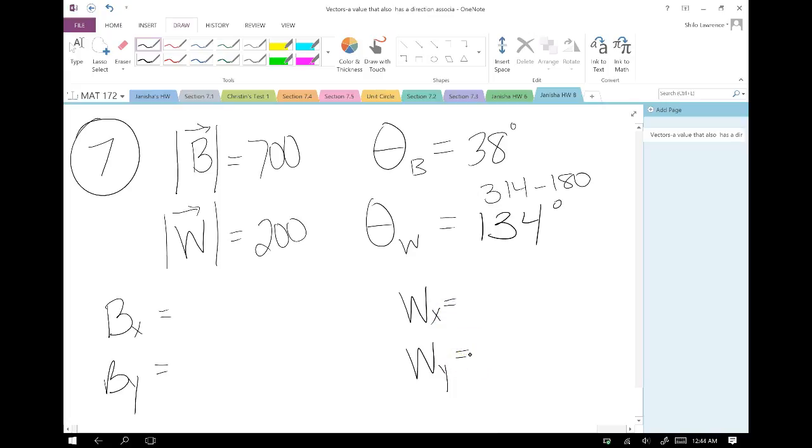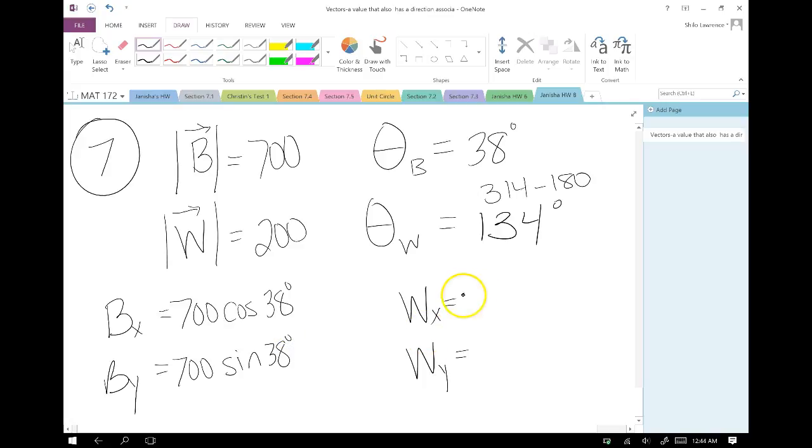Remember, your x formulas use cosine and your y formulas use sine. And it's always magnitude times the trig function of your angle. So for b sub x, I'm going to do 700 cosine of 38. And then for y, 700 sine 38.